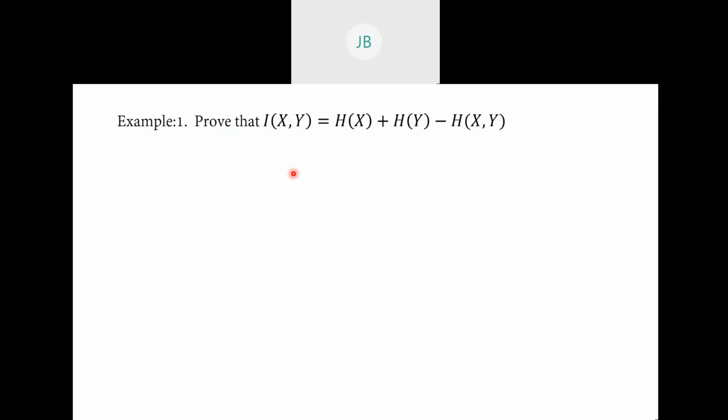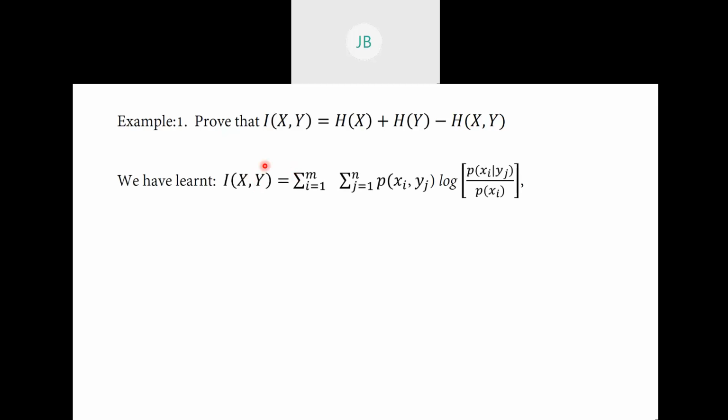To prove this, we already know some of the parameters as well as some of the relations for mutual information. The mutual information between x and y can also be represented by this equation: the joint probability between x and y, times log of the conditional probability of input divided by the probability of input.